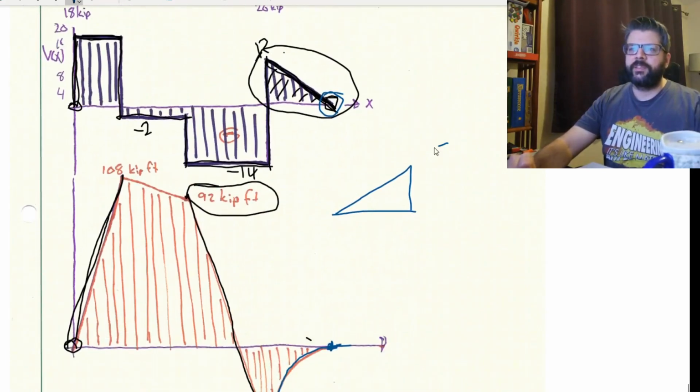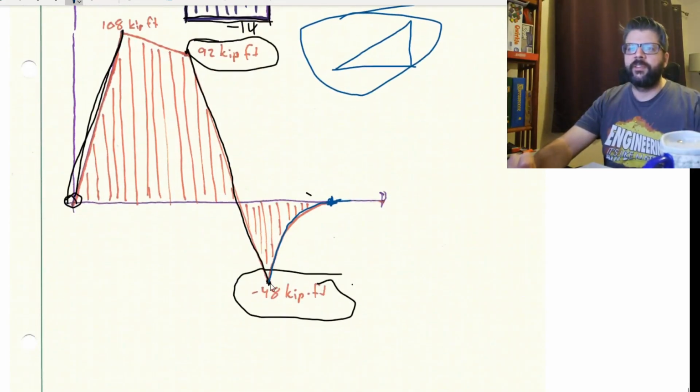Whereas if we had a shape that looked more like this, it would be starting off as 0, going from left to right, and then doing that. So same vertical distance on the moment diagram, but a different way of getting there. So just keep that in mind.